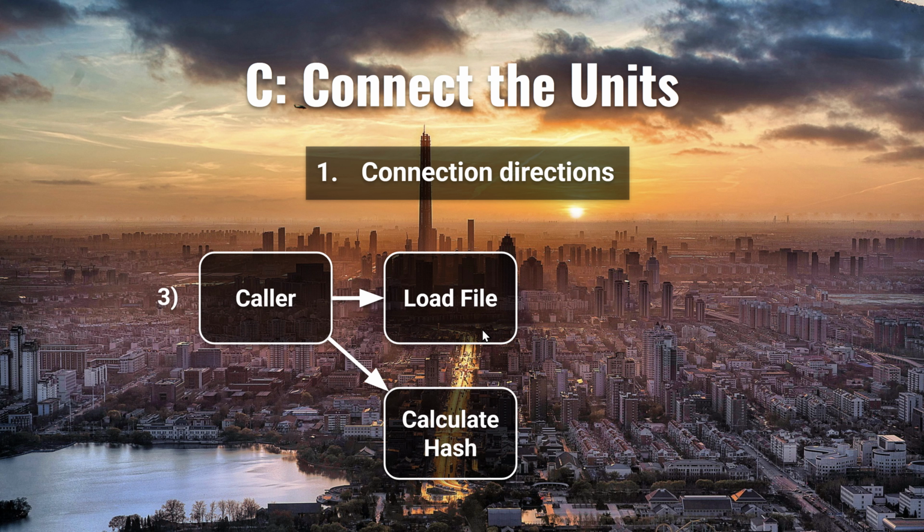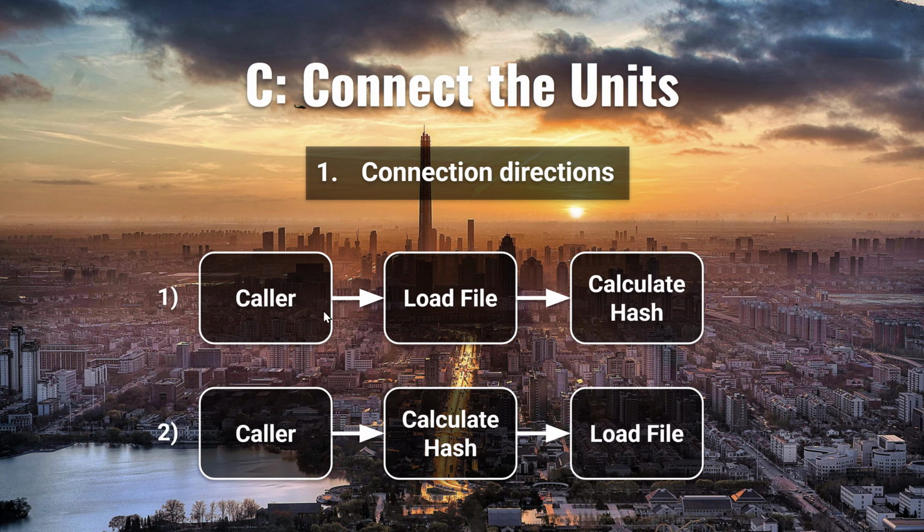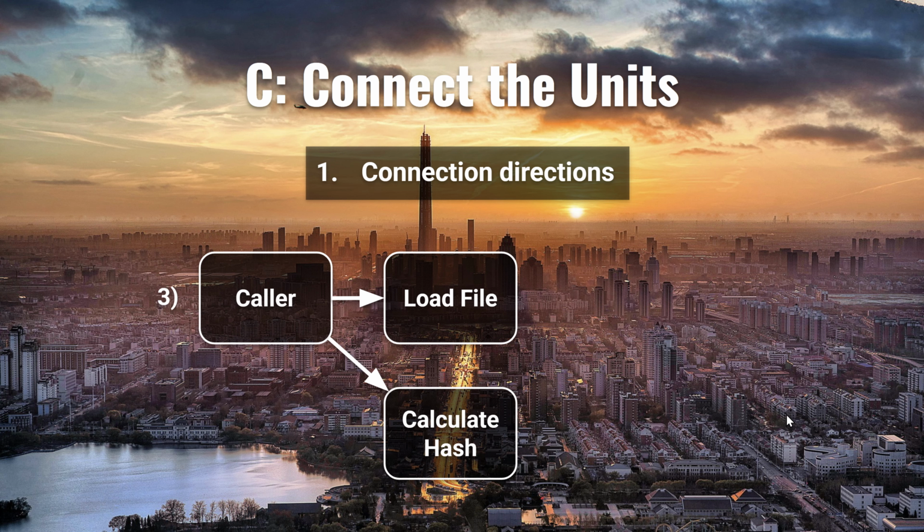What matters is that you think about the difference between whether you use this model here, or this model here, this direction of the connections or that direction of the connections, or some other model. You need to think about it because it affects how you can compose your classes later on.